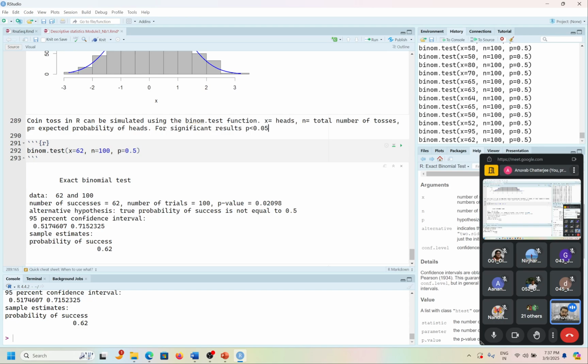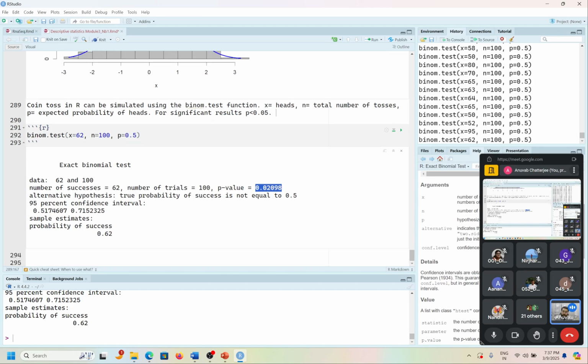So this is how you test: you make a null hypothesis, you test the null hypothesis using an experiment, and you then figure out the p-value, and the p-value tells you if your results are significant or not. So obviously if there are 62 heads out of 100, your coin is not fair.